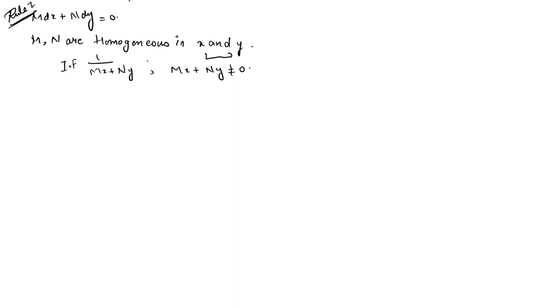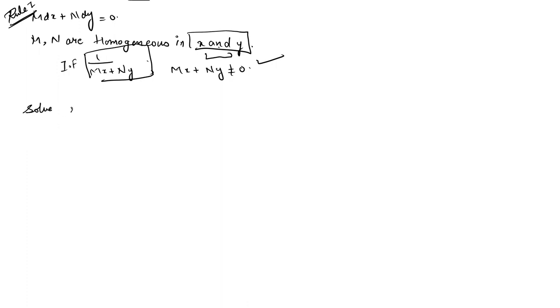This is your rule, or you can say type 1. Whenever your equation is homogeneous in x and y, in that case your integrating factor would be 1 by Mx plus Ny. Now to understand this, we will go with one equation so that we can easily understand how it is applicable.